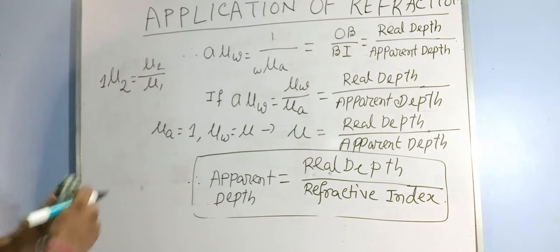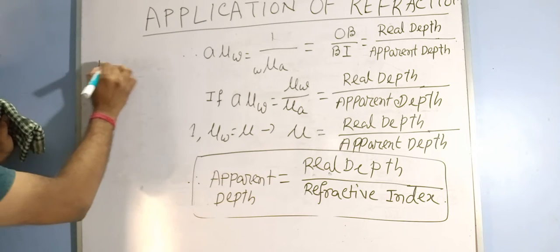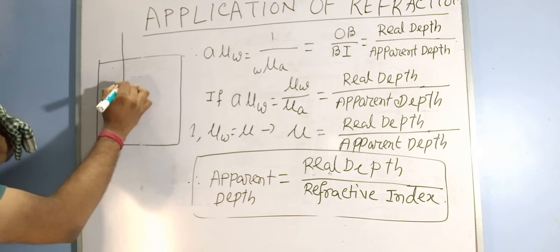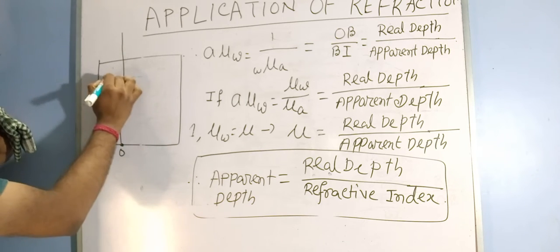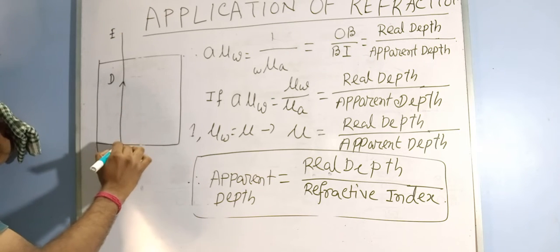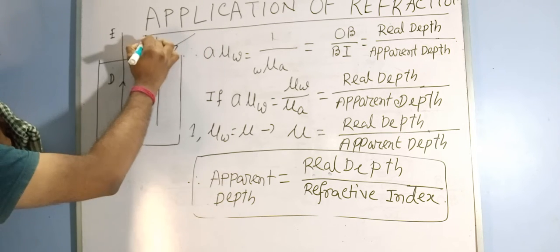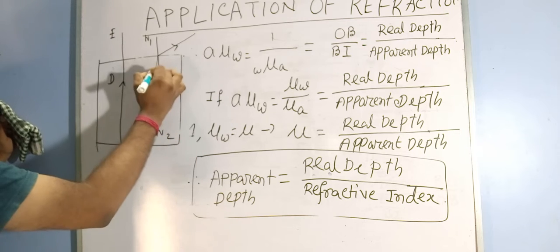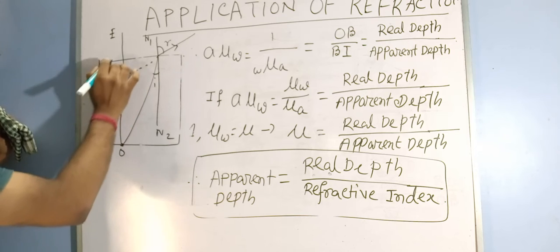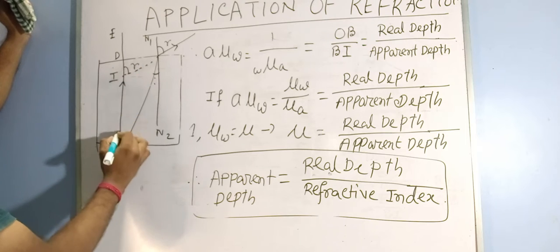So if we draw the picture again, this is the point object O. The perpendicular ray from O goes straight, and the other ray goes obliquely on the normals N1 N2. This angle is I, this is R. If we draw it backward, it intersects at I.